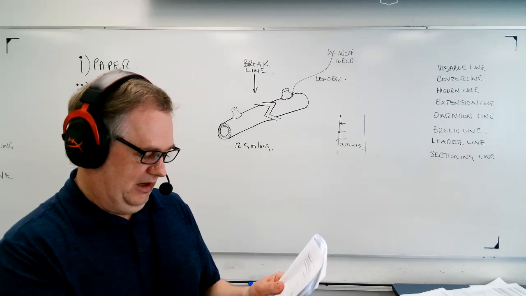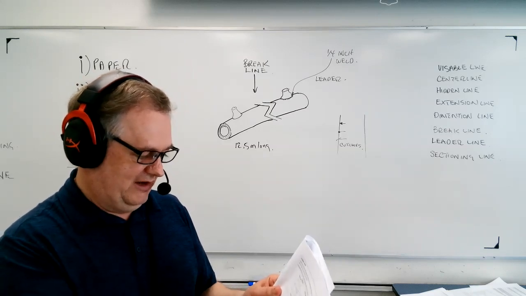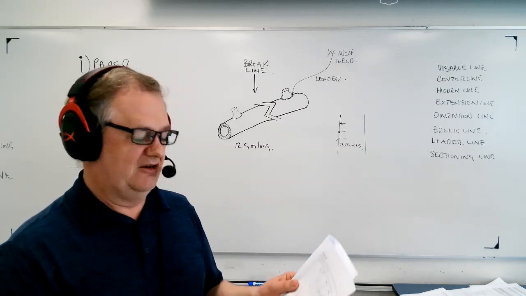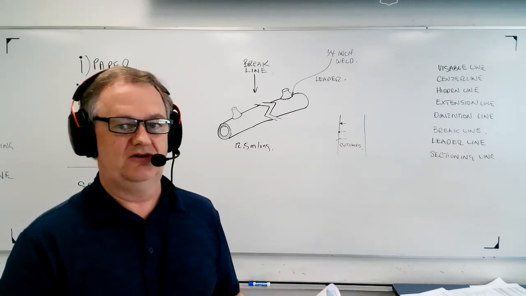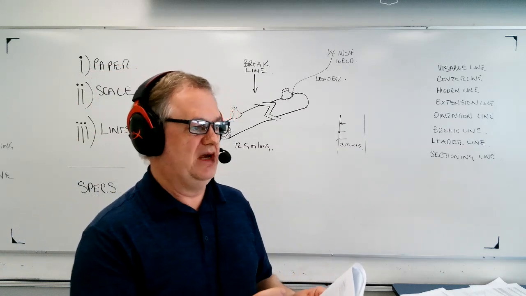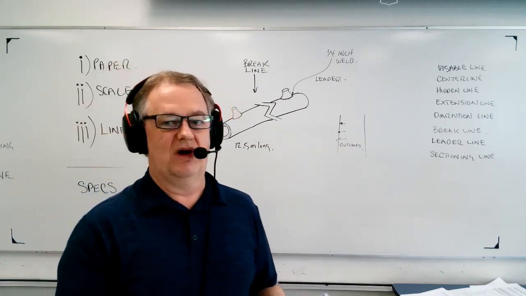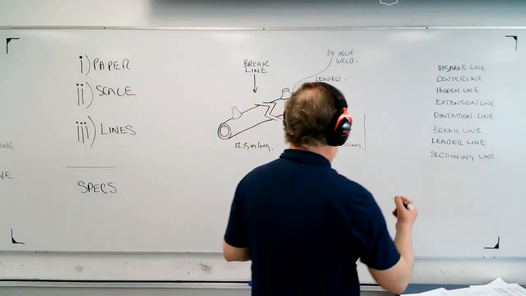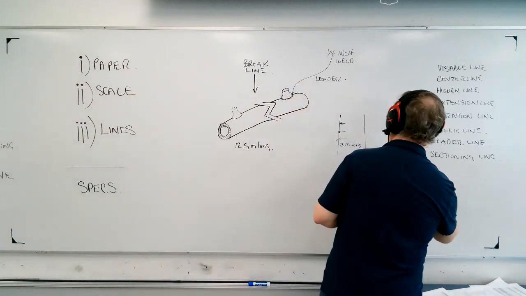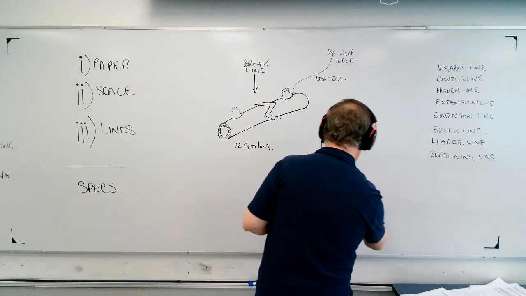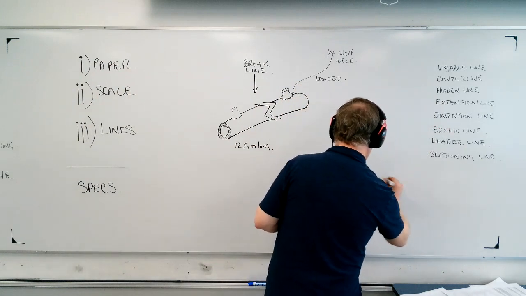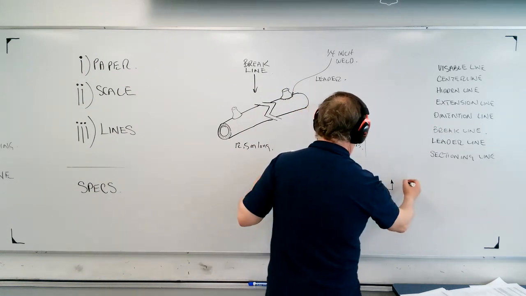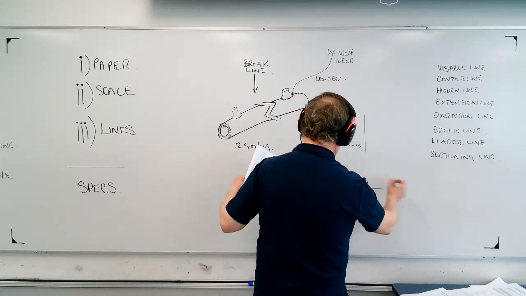Now, we already talked about this earlier. See where it says cutting plane line? That's the line that I showed you earlier that would be used. That line would go between your 2 section reference symbols. So that cutting plane line looks like this, right? And this would be across an object wherever you're going to make the section.